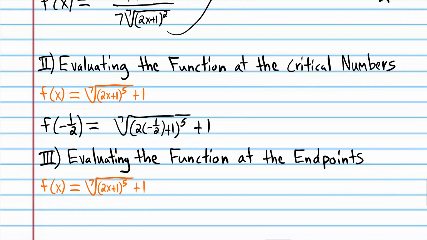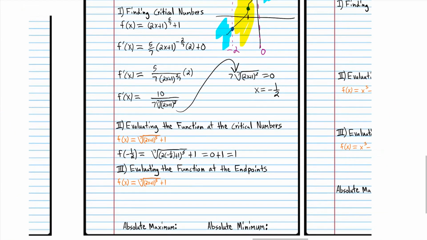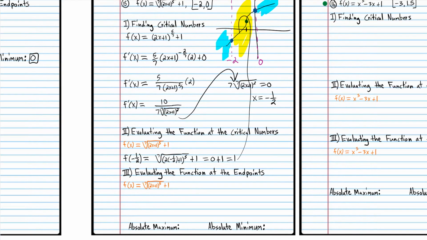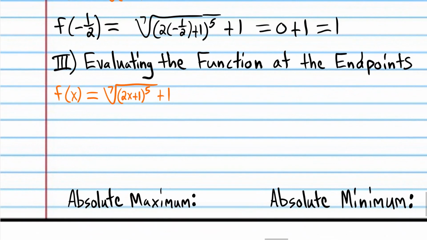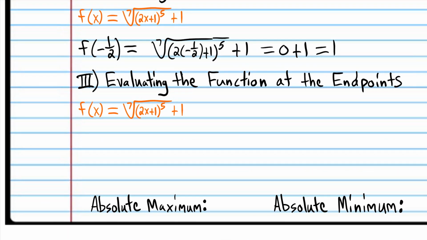And if we do the math, we end up with 0 plus 1, which is 1. But again, we know that's not going to be the biggest y value because it's not even the top of a hill or the bottom of a valley.